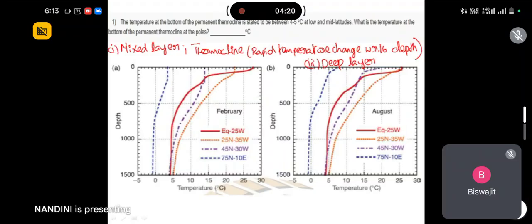Here we can see the thermocline region, where there is a rapid decrease in temperature with respect to depth. Around 500 to 800 meters, we see a temperature of 4 to 5 degrees Celsius.